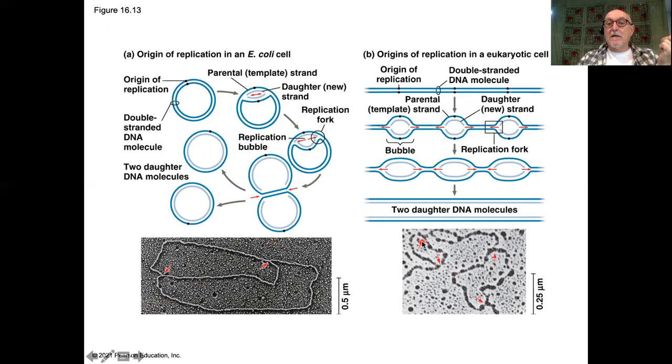And here they are. You can see replication forks there and there, there and there. This is on a eukaryote chromosome. Remember that a chromosome is one single strand of DNA, extremely long in the eukaryotes, carefully packaged into the chromosome.